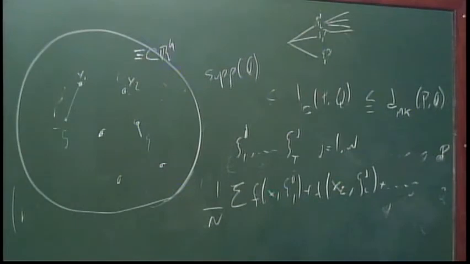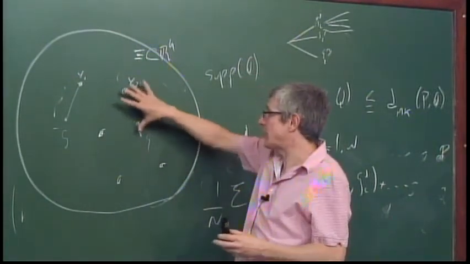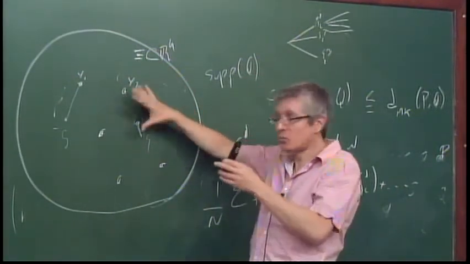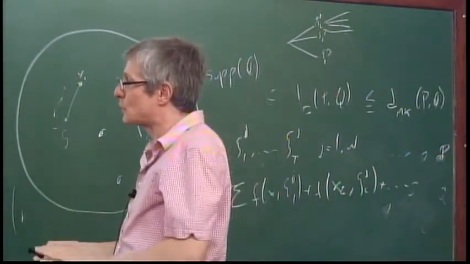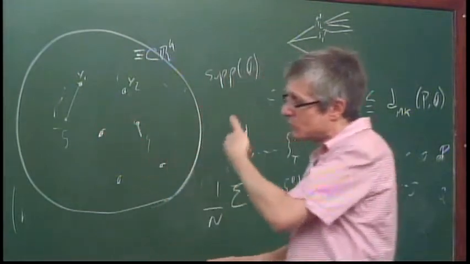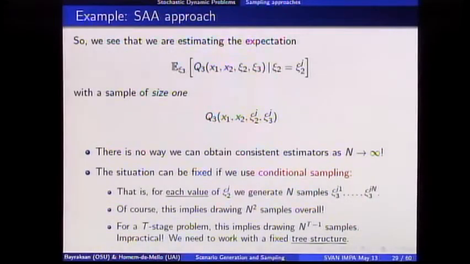Then try to do the best you can with 10 nodes. That's the approach we took here: we fix the number of points and try to find the best combination of m points. But you won't have this asymptotic consistency, because in practice you cannot reach that. So you can see why this multi-stage business becomes much more complicated.